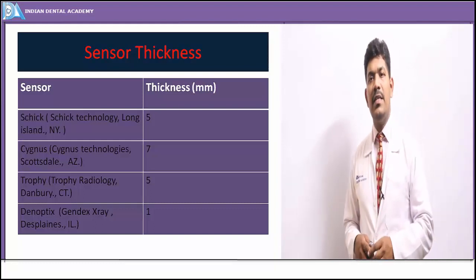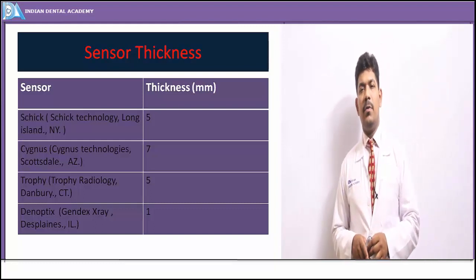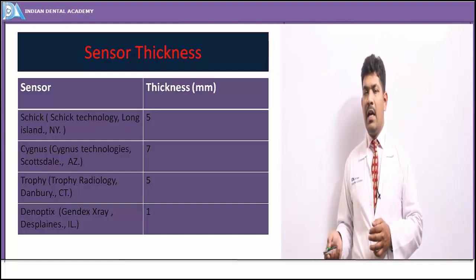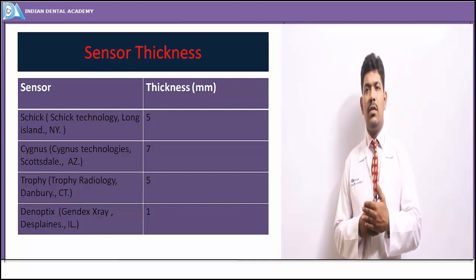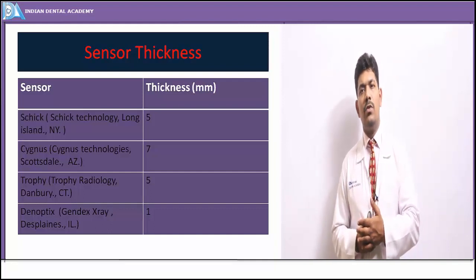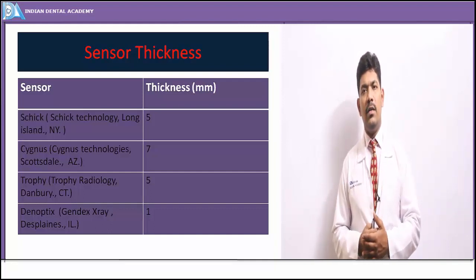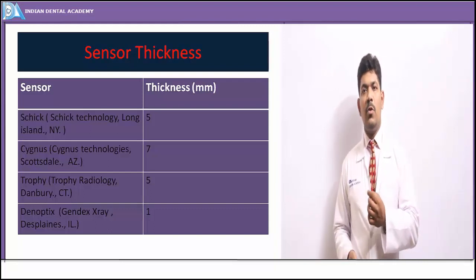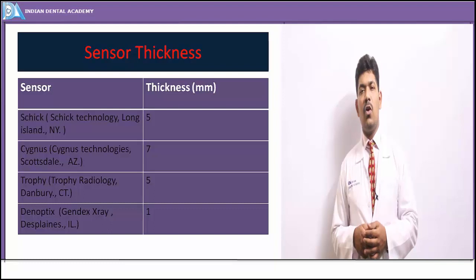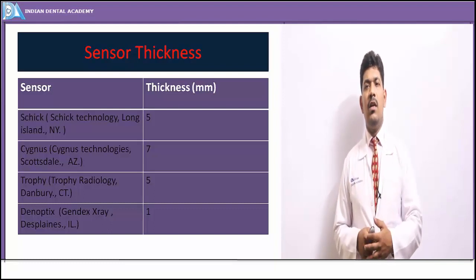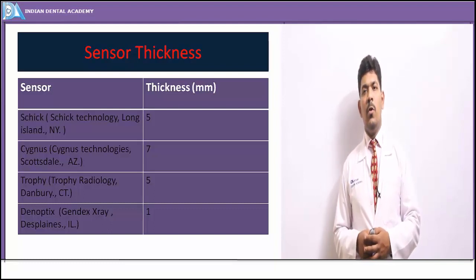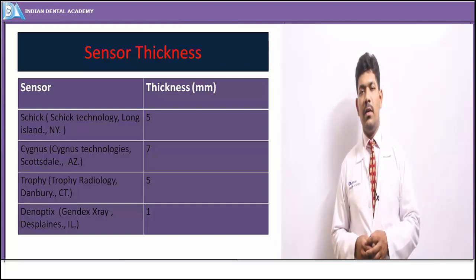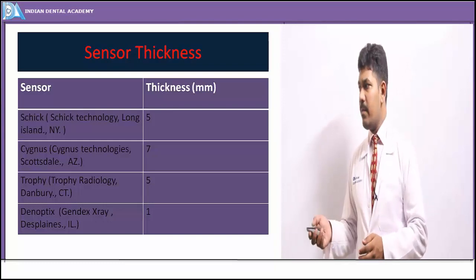Both of them are CMOS receptors, which are much lesser in thickness, as you can see over here, 5. And the thinnest, most flexible and easily used is your PSP sensor. As you can see, Dynoptics from Illinois, that is just about 1 mm in thickness. So it is almost equivalent to the traditional films which we use, barring the disadvantages of using a conventional radiograph.